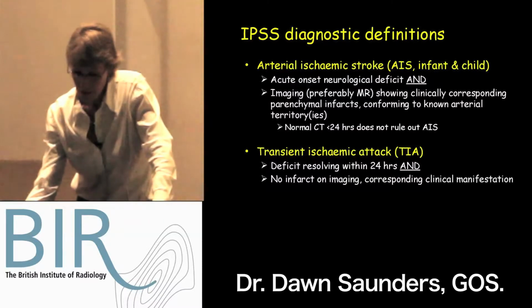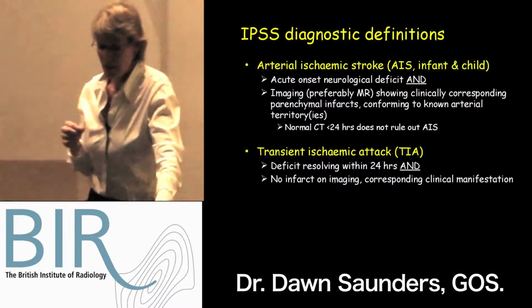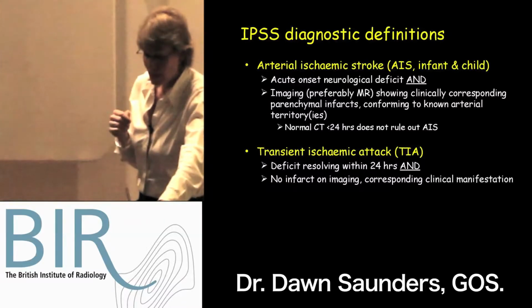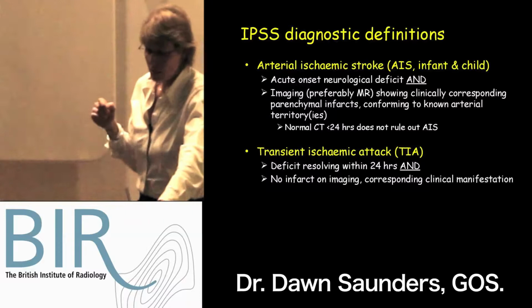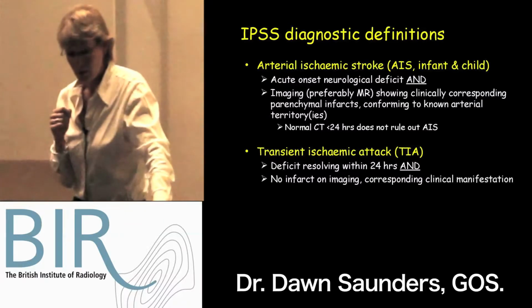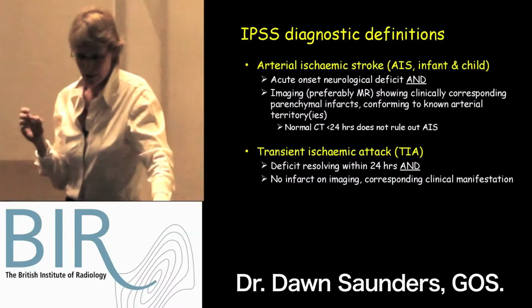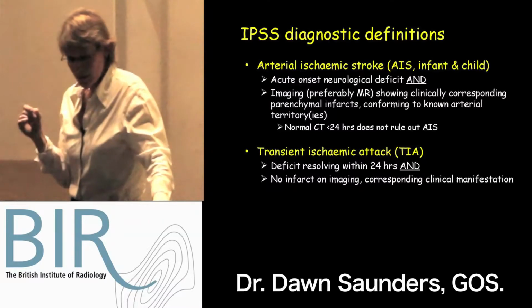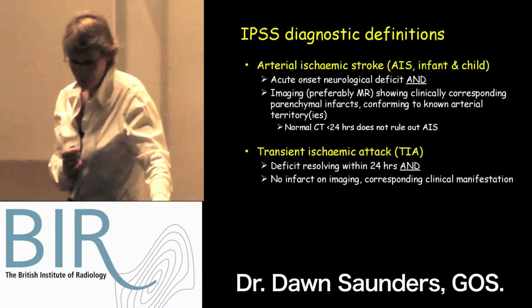IPSS diagnostic definition of arterial ischemic stroke, or AIS as we now call it, is the acute onset of a neurological deficit and an imaging abnormality, a parenchymal infarct, which conforms to the arterial territory demonstrated by the neurological deficit.